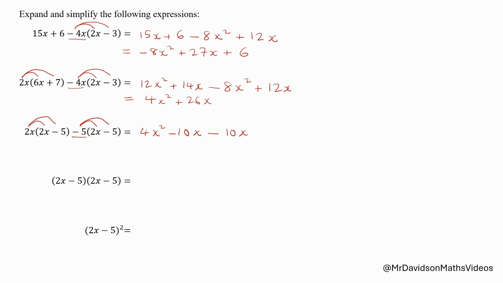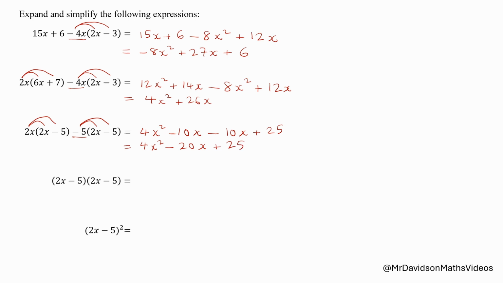Minus 5 times minus 5, so the negative times the negative gives us a positive 25. So this gives us, as a final example, 4x squared minus 20x plus 25.